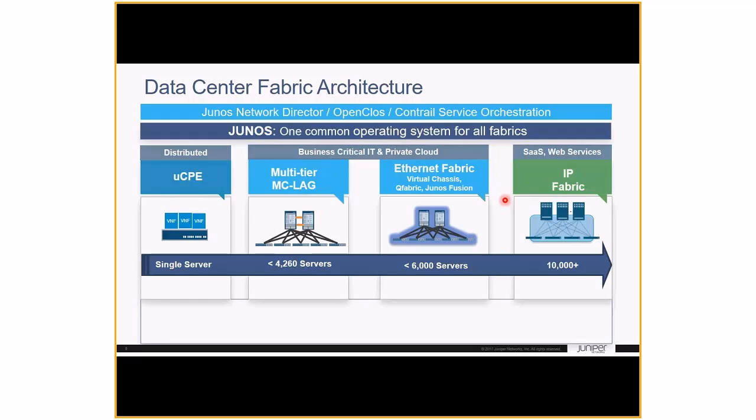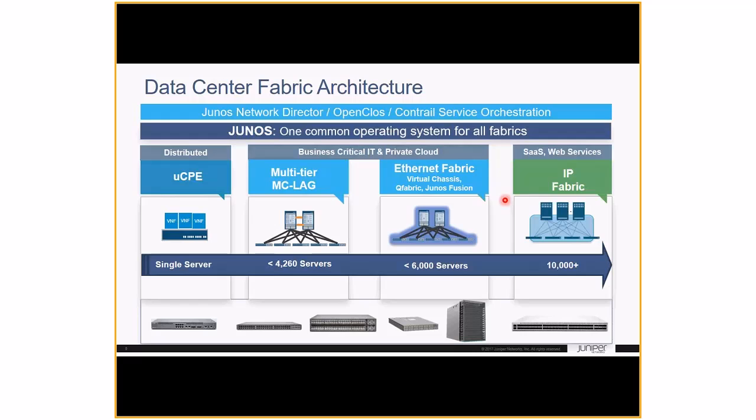So Juniper's portfolio actually covers all of these. From our NFX box that runs at the customer site, all the way up through our QFX series, our EX series for 1 gig ports, and our QFX 10000, that's all 100 gig ports. So we have spine and leaf architectures where you have the spines, you have the leafs, and the products to handle each one of those.